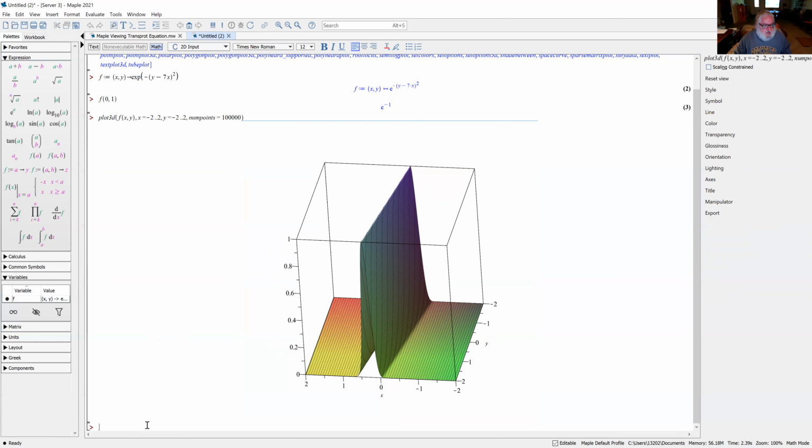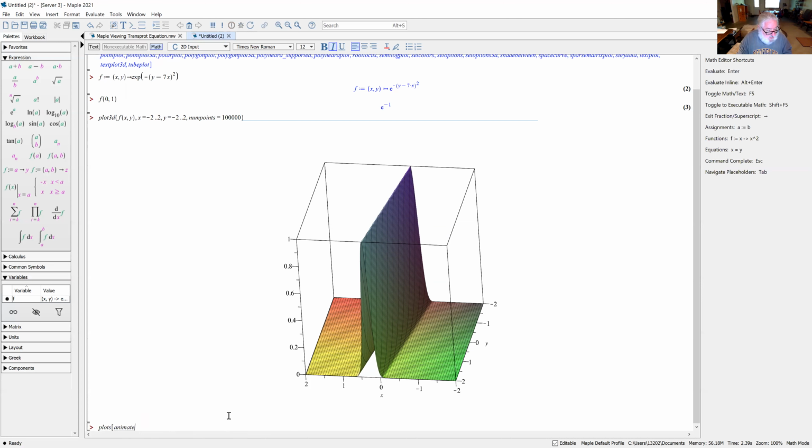Again, though, a lot of these things are meant to represent physical things. So instead of having t as an axis, we'd like to have t as a parameter. And so you can, and this is a really bizarre formula, plots, open square bracket, animate.